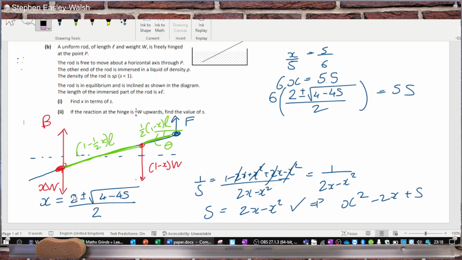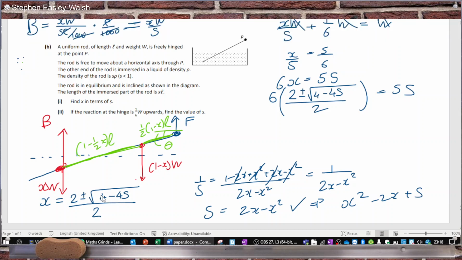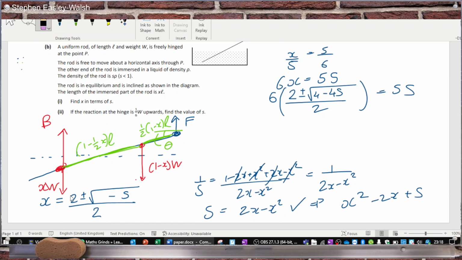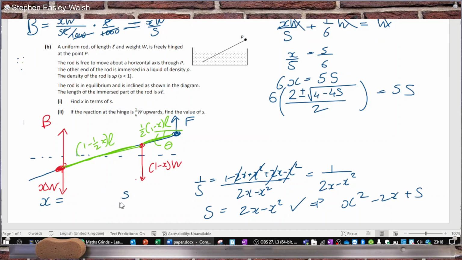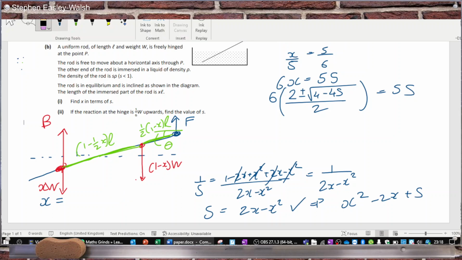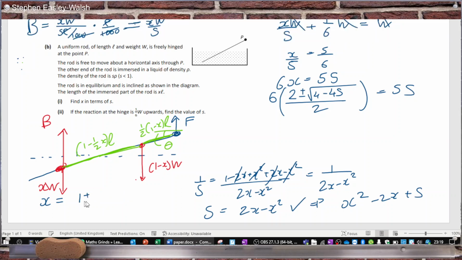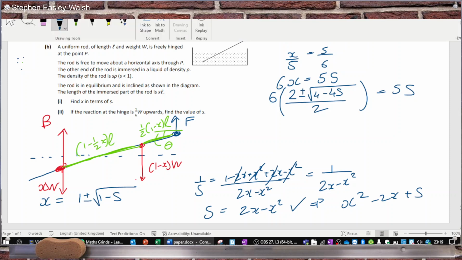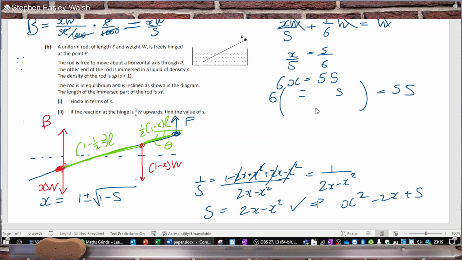I could have taken that out as a root 4, which is a 2, and all the 1s would have cancelled. So you would have been left with 1 plus or minus root 1 minus S. Okay, that makes things a little bit nicer.